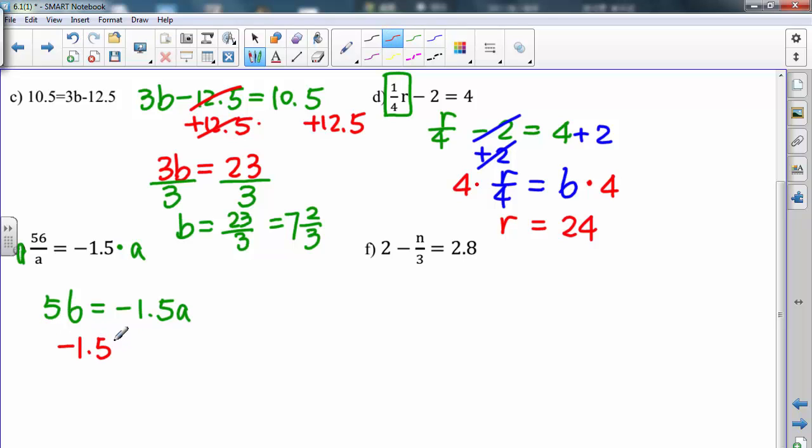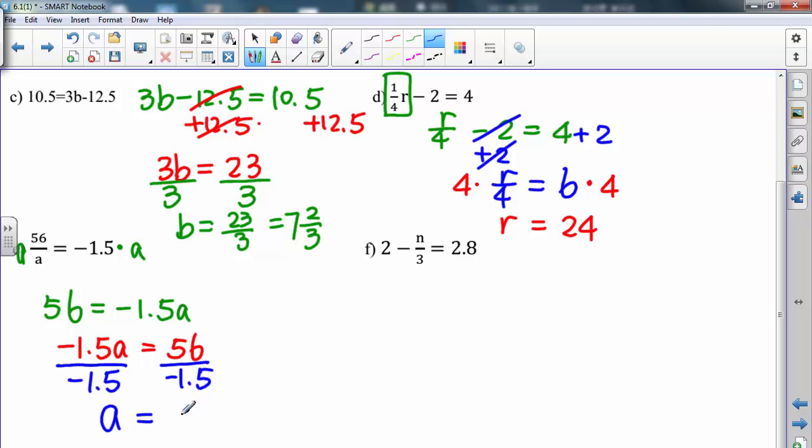You can just swap both of the sides simply. It's multiplication. The inverse of the multiplication is division. So then I divide both sides by negative 1.5 in order to isolate the number in front of a. Negative 1.5 divided by negative 1.5 is 1a equals 56 divided by negative 1.5.